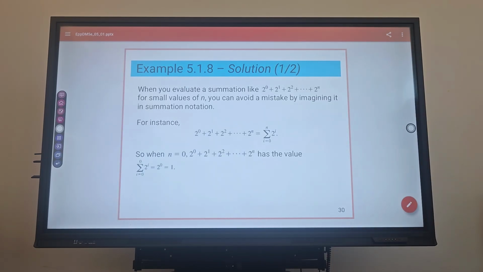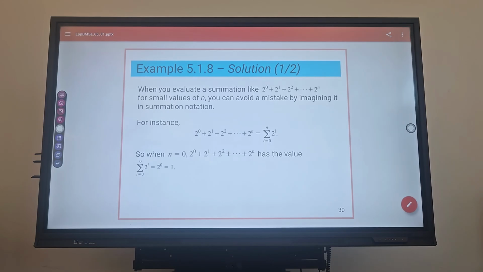Now, when you evaluate a summation like this, you can avoid a mistake by imagining it in summation notation. I don't really see the point of doing it in summation notation when the expanded form is just addition.